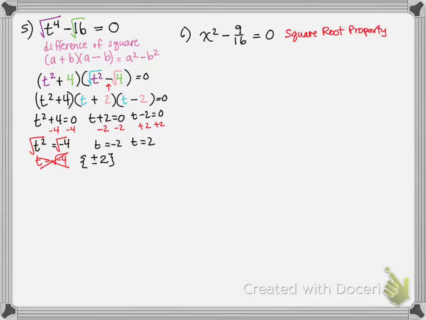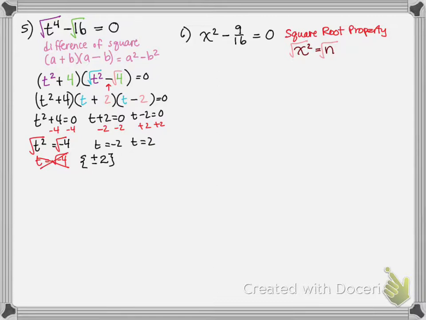Okay, and the square root property says this. If I have like x squared and it equals some number, then I can take the square root of each side. However, I don't know whether that number was a positive number, because a positive times a positive is a positive, or it's a negative number.